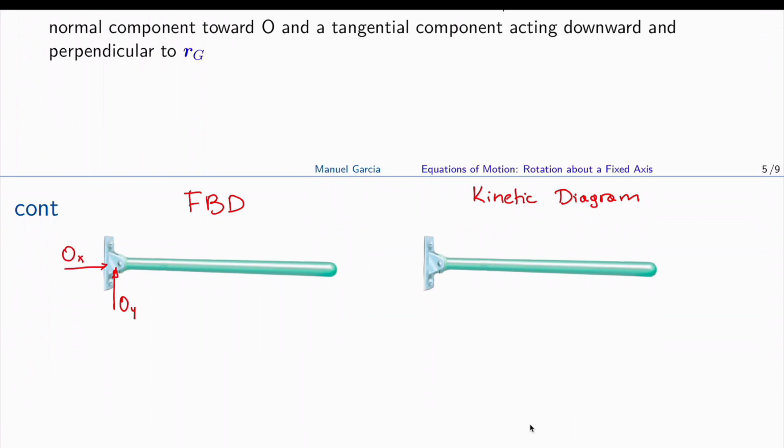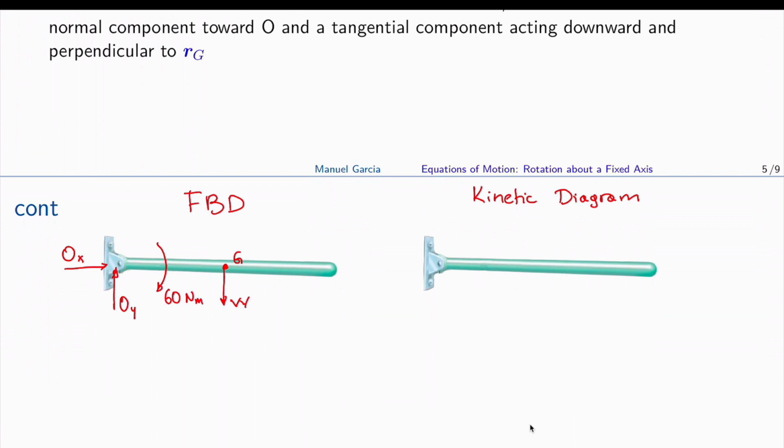So these are the two forces that we have at the support. Then in the center, which is G, we have the weight. And do we have any other force? Yes, we have a moment applied here, and this moment is 60 Newton meters.